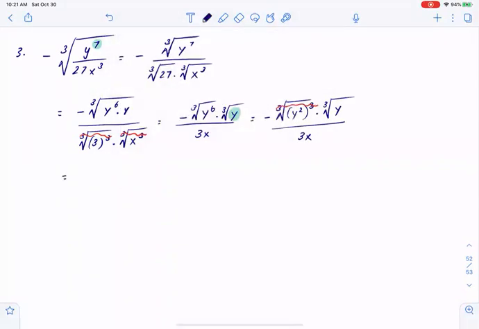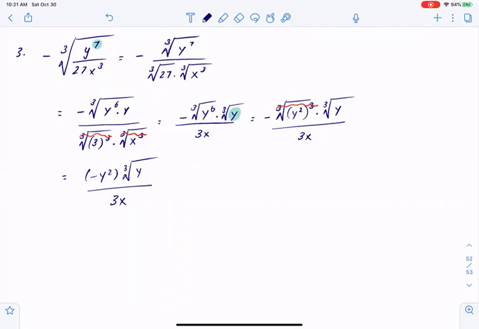So I'm left with minus y squared, third root of y divided by 3x.